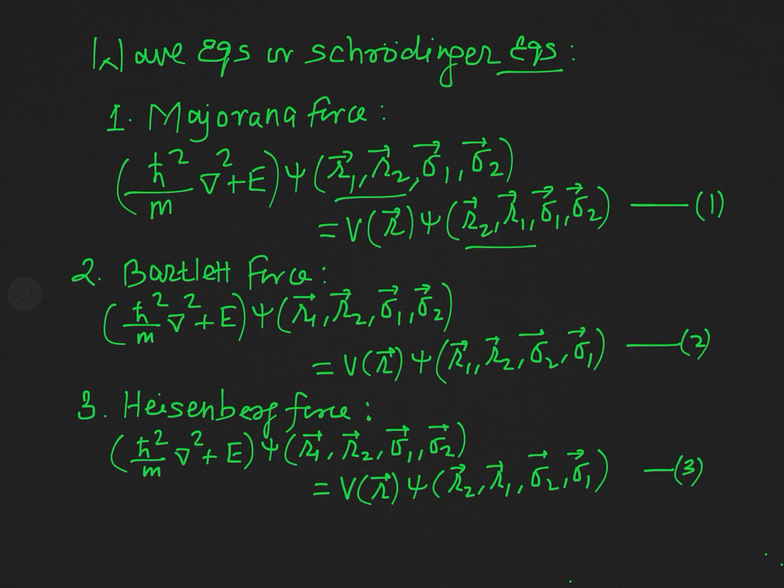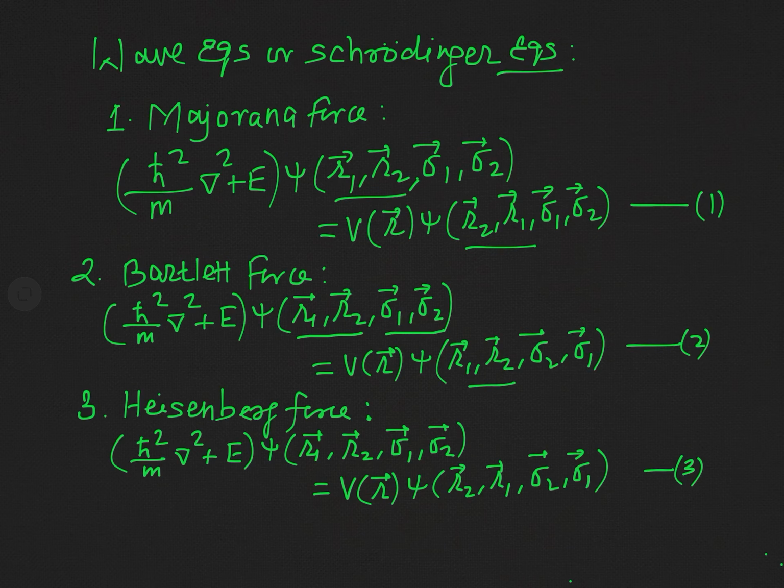And in Bartlett force, the wave equation is h cross square by m del square plus e, psi of r1 r2 sigma 1 sigma 2, equal to v of r, psi of r1 r2. You can see there is no exchange of the space coordinates r1 r2, but there is an exchange of the spin coordinates, sigma 1 sigma 2 becomes sigma 2 sigma 1.